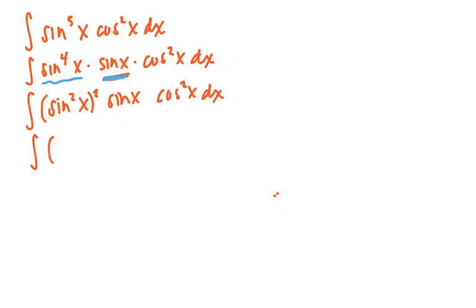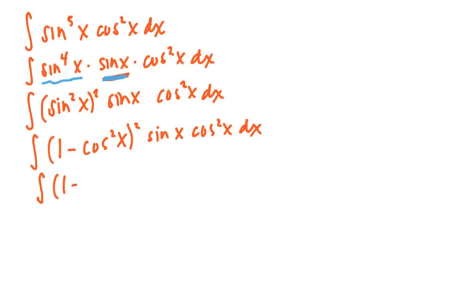So now we're going to make that substitution, 1 minus cosine squared x squared times sine x times cosine squared x dx. Now we generally like our cosines to be together. We could switch it. It doesn't really matter. 1 minus cosine squared x squared times cosine squared x sine x dx.